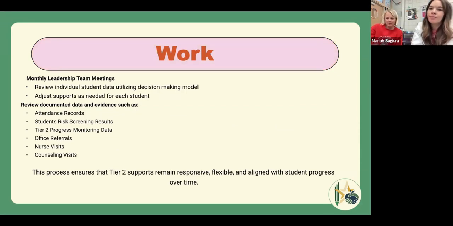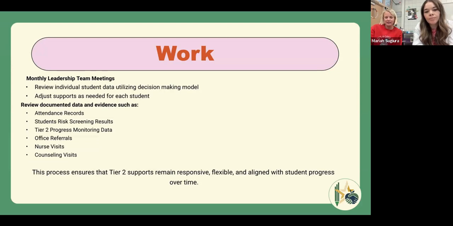Okay, so our school implements a structured and consistent Tier 2-3 MTSS process. We do this through a monthly leadership team meeting, and we focus on data for students that are receiving these targeted supports. During these meetings, our team reviews the data, and then we establish decision rules, and that helps us decide what our current interventions should be, and if we should intensify them, modify them, or fade them out.